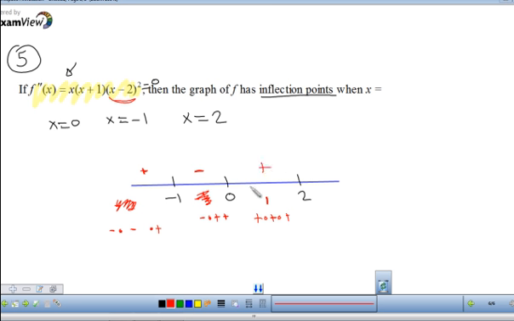And then to the right of 2, I'm going to check 3. Again, they're all going to be positive. So I only have one point of inflection, and that happens when x is negative 1 and x is 0, because that's the only time that the second derivative changes sign.